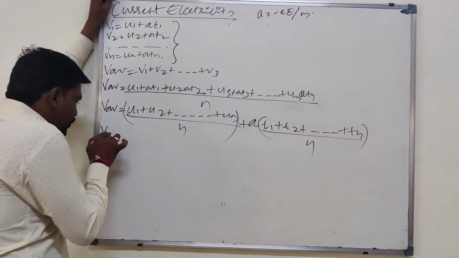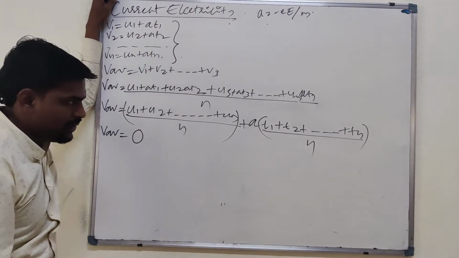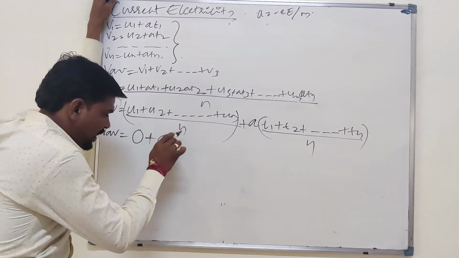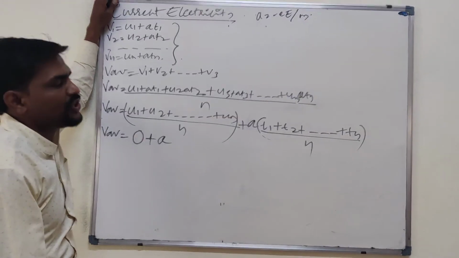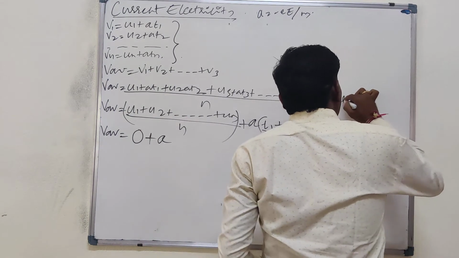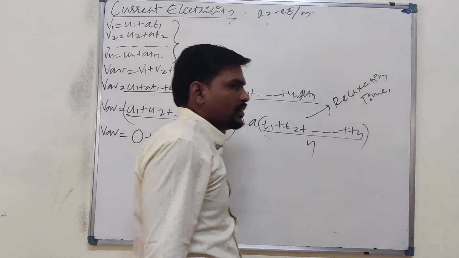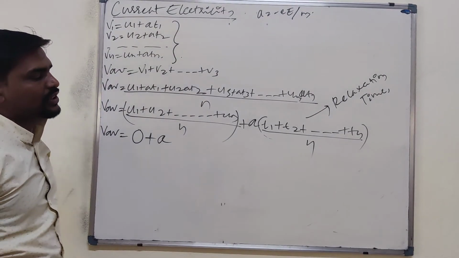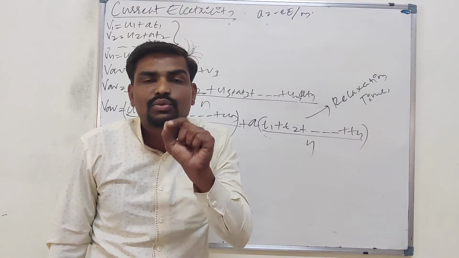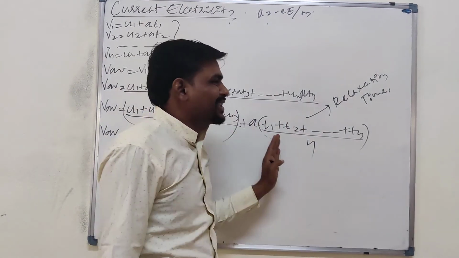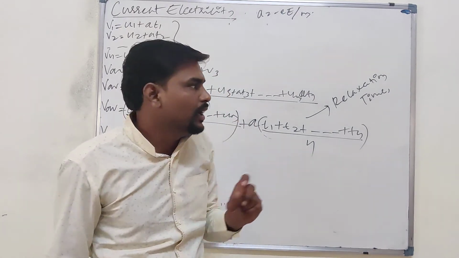So now V average is equal to, from our first equation, what is our initial velocity? Zero. So zero plus A times this average time, which is called the relaxation time. The relaxation time is defined as the average time between successive collisions of electrons. It can be asked for one mark: define relaxation time.